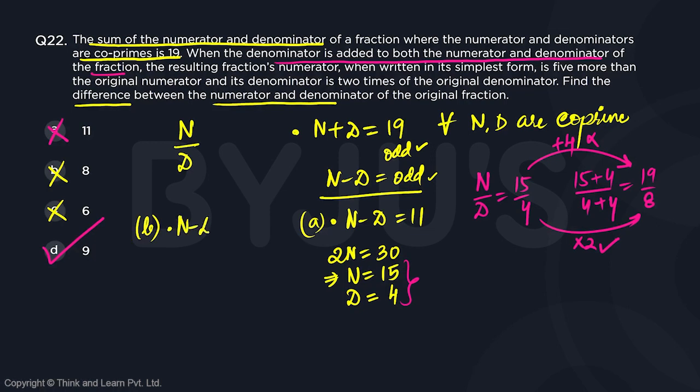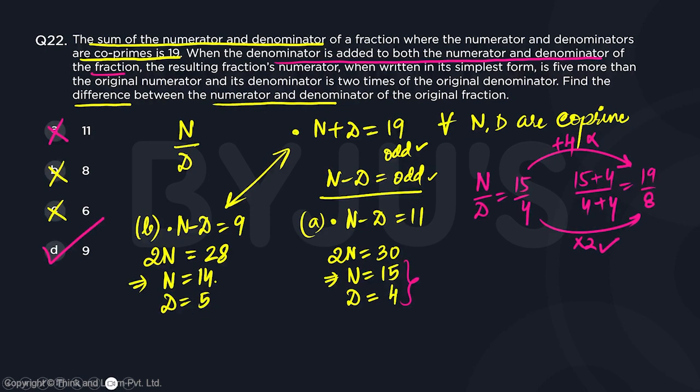So if we take the numerator minus denominator as 9, and we solve these two, let's add, we will get 2 numerator equal to 28, or the numerator is going to be 14. That means the denominator is going to be 5. So if we take this pair of values, the fraction initially was 14 by 5.